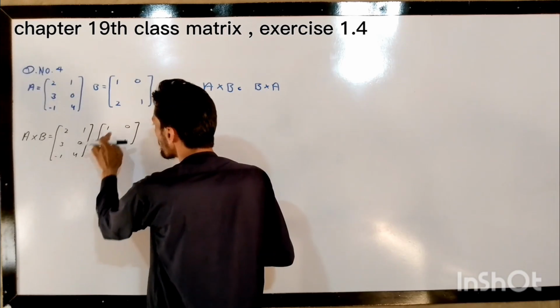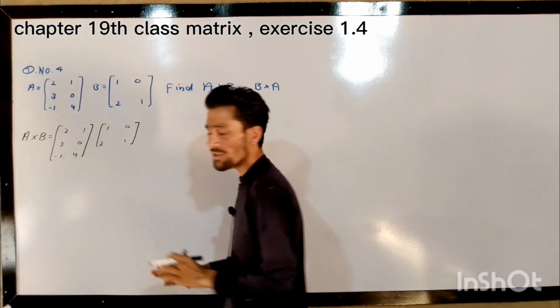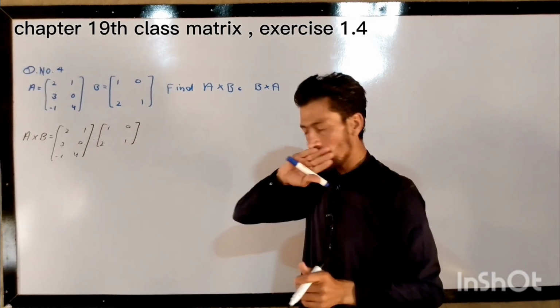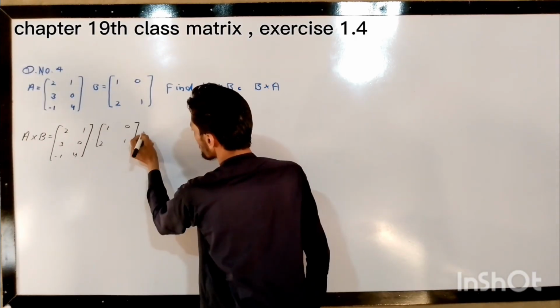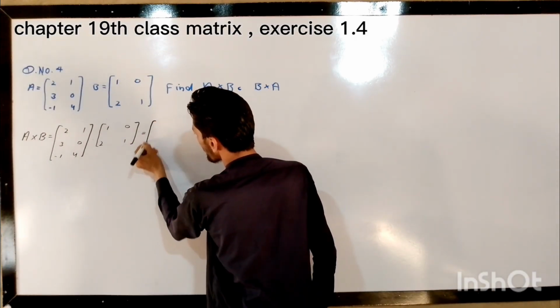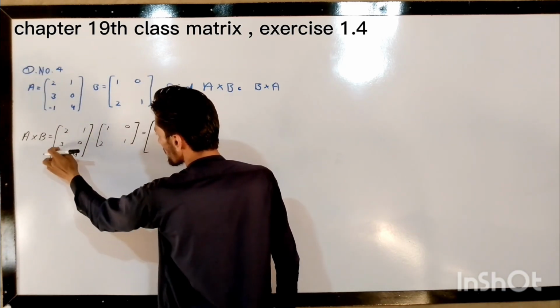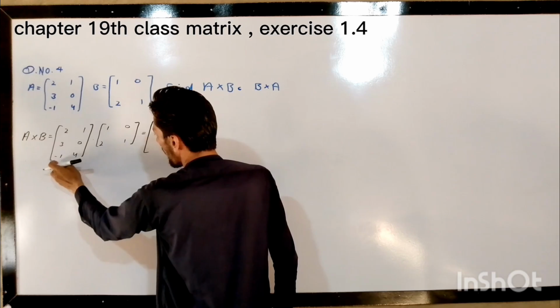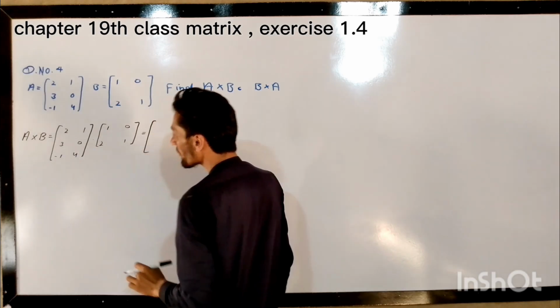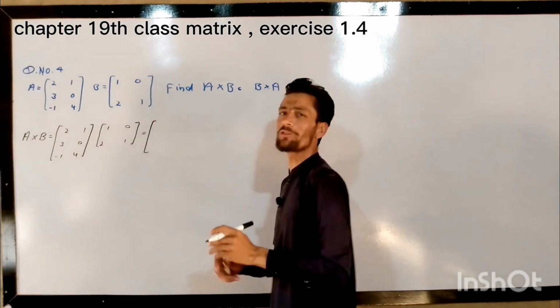So I have 2 columns and here I have 2 rows. Multiplication exists right now. Let's multiply it. Okay, multiply this row with this and this. After that, this row with this column and this column. After this with this and this. Okay, it is not that difficult. I mean you are happy.